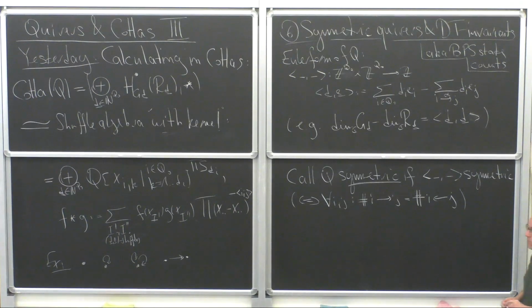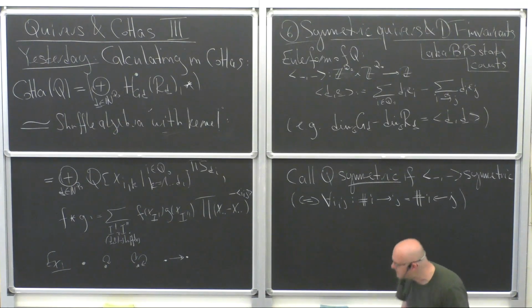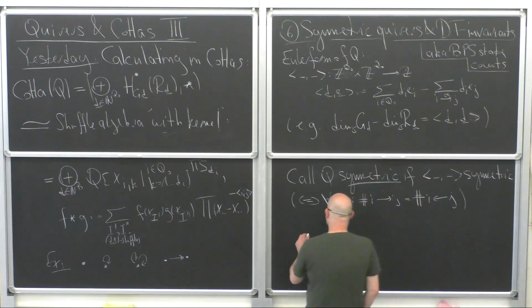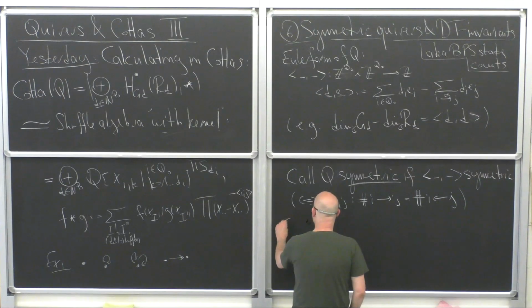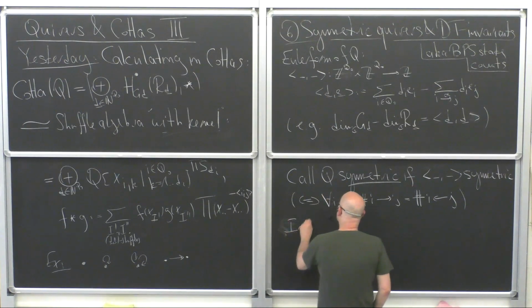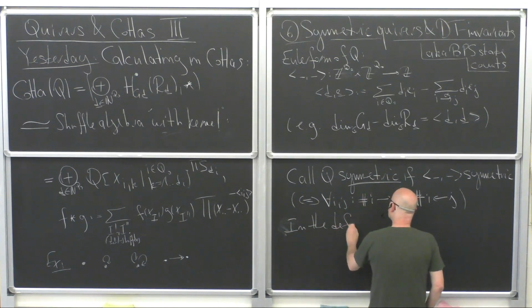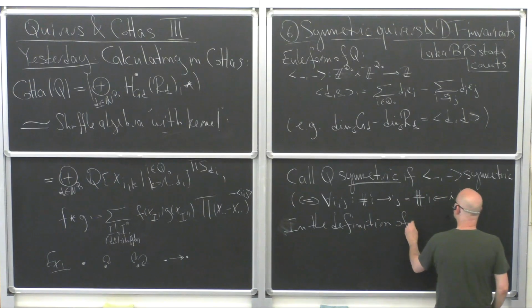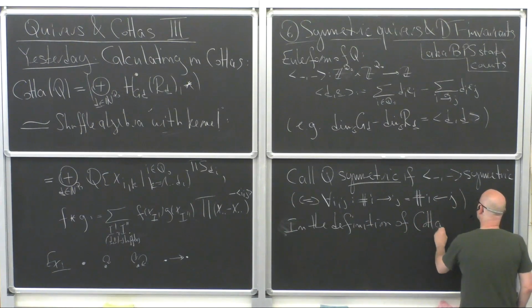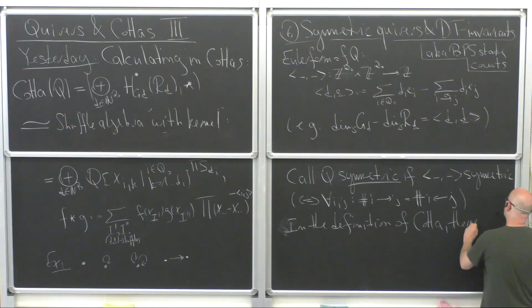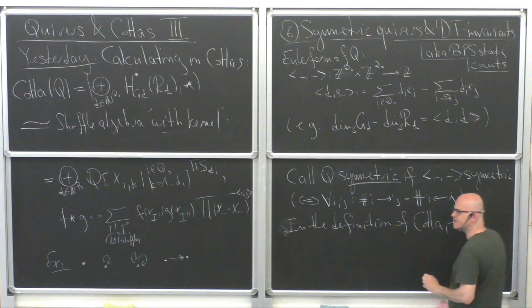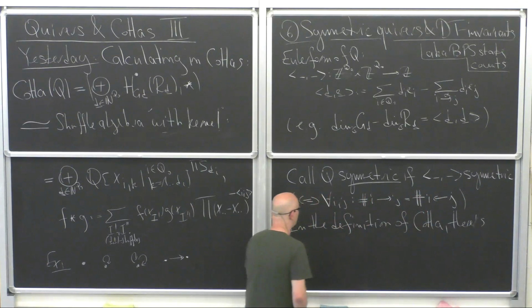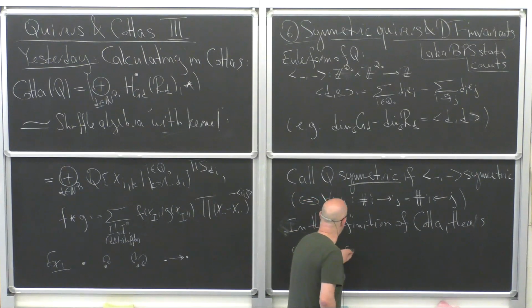And now we'll see why symmetry of the quiver matters, namely in the very definition of the cohomological Hall algebra. In the definition of the cohomological Hall algebra, there is a shift in cohomological degree, which I haven't told you about yet.